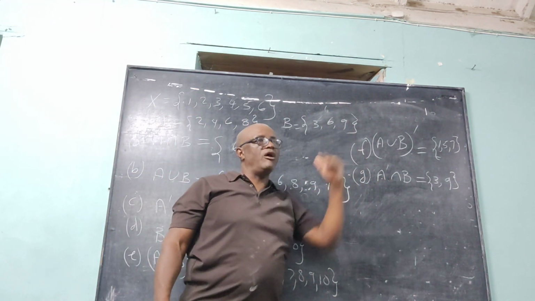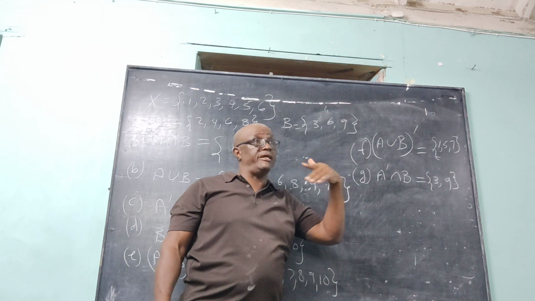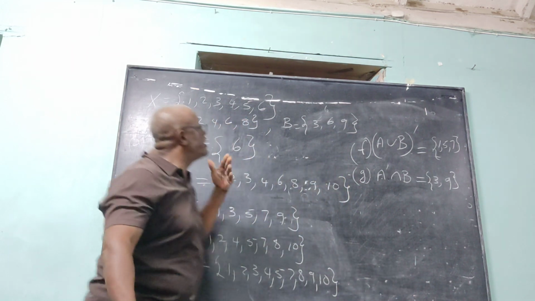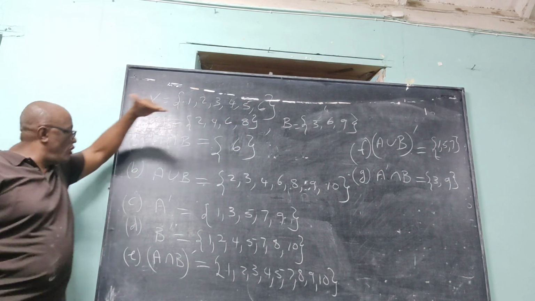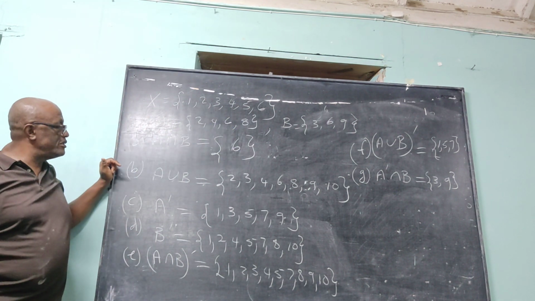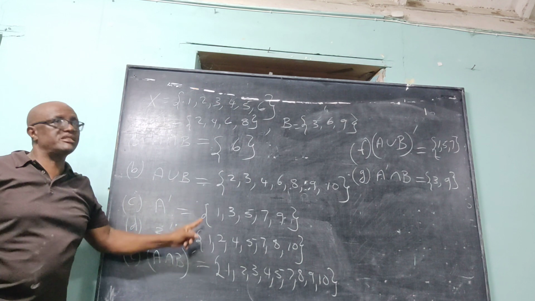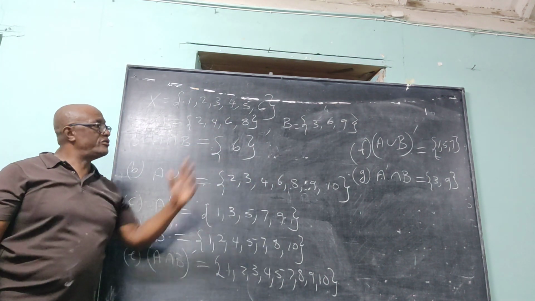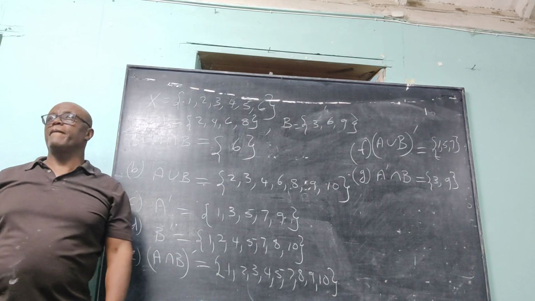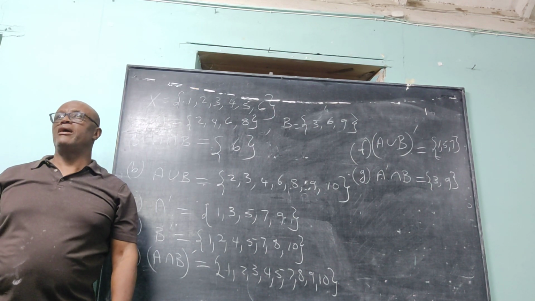Intersection means belonging to both A complement and B. So which ones belong to B and also in A complement? 3 is intersecting, 9 is intersecting, right? So that's it. Everybody there? Yes. Alright.